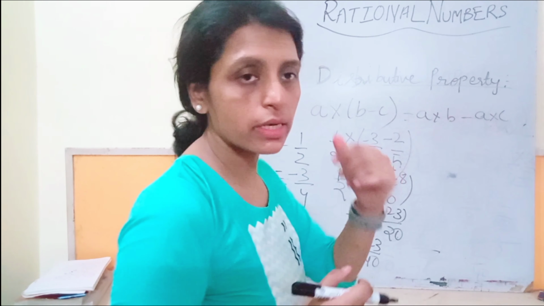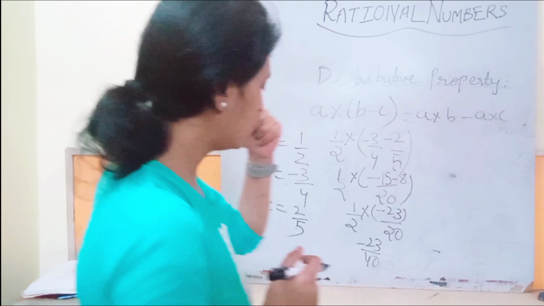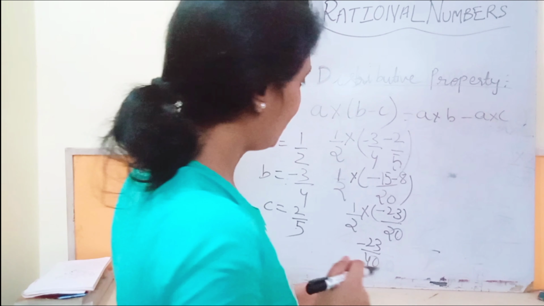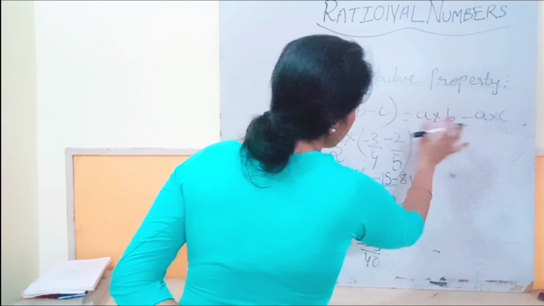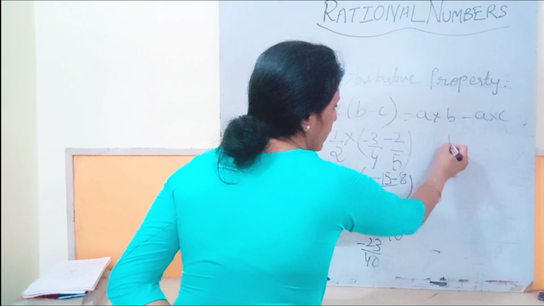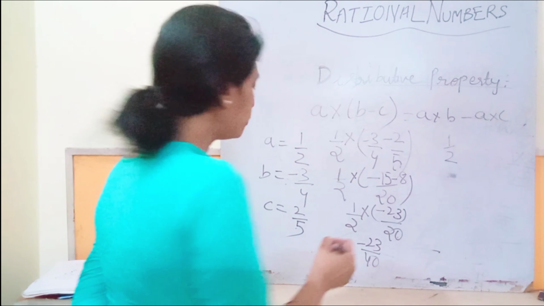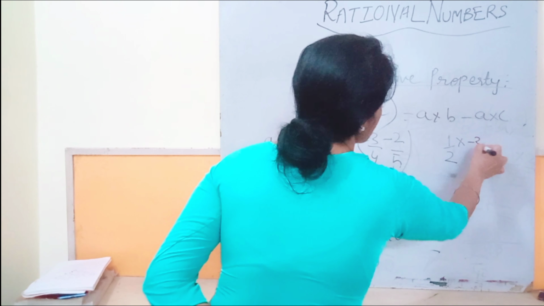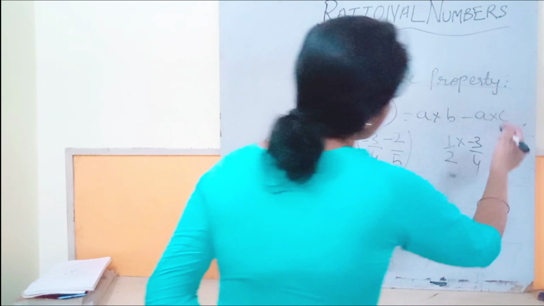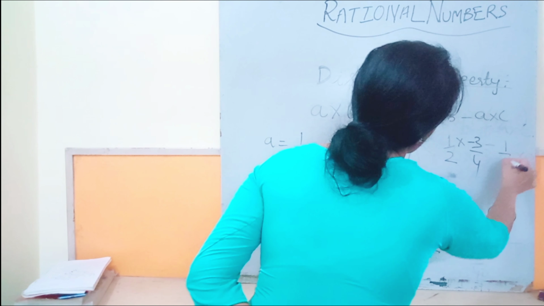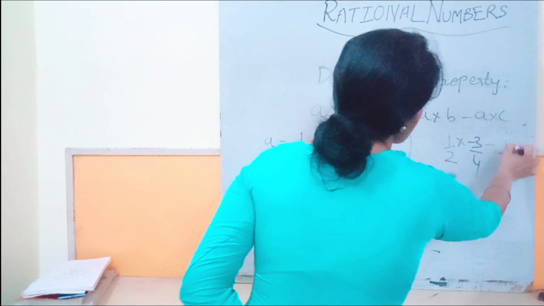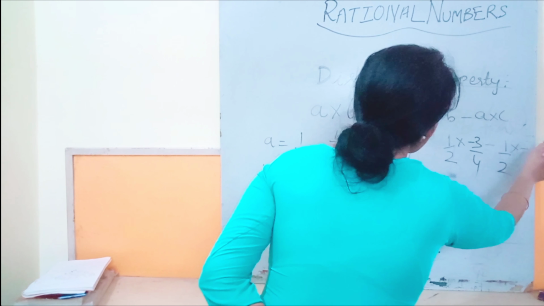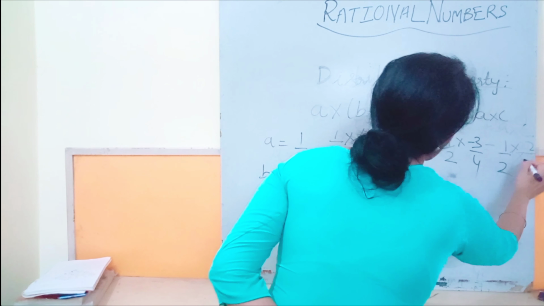Now we are going to see whether the same answer follows in the right hand side or not. Okay. Now see, in A's place we are going to put 1/2 into, in B's place we are going to put -3/4, then minus, in A's place again we are going to put 1/2 into, in C's place we are going to put 2/5. Okay.